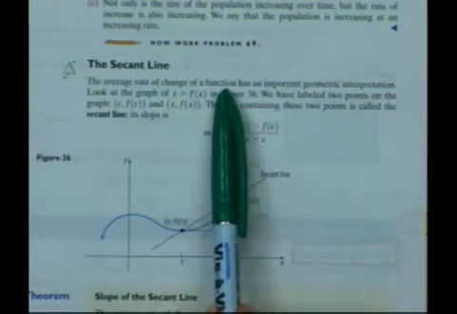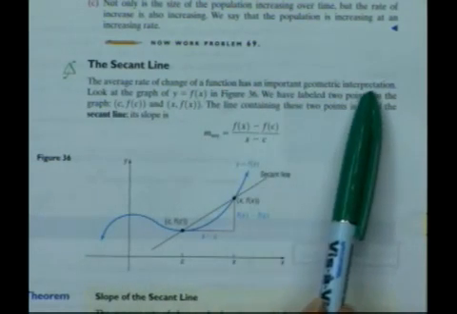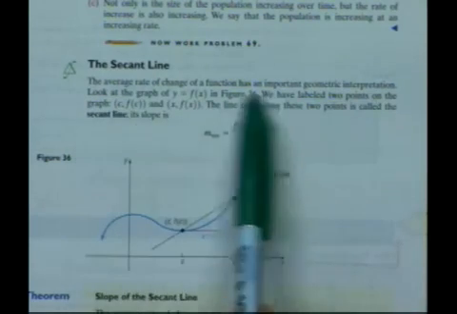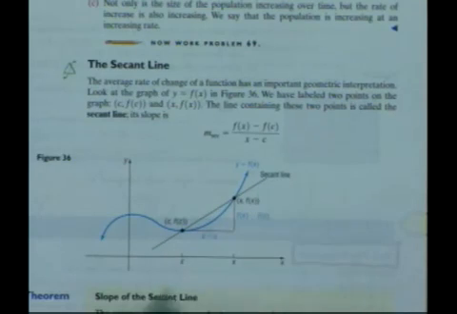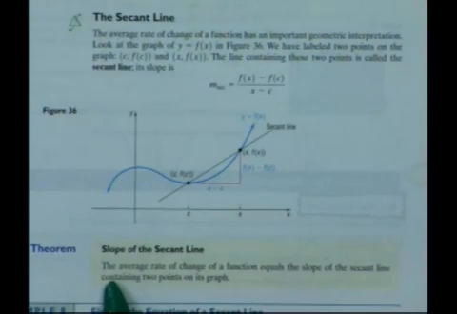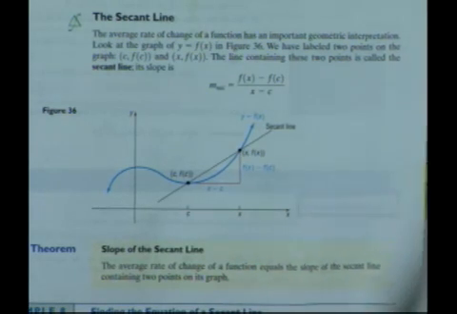The average rate of change of a function has an important geometric interpretation. We label 2 points, and this is the slope of the secant line. So the theorem is the average rate of change of a function equals the slope of the secant line containing the 2 points. I just jumped right to the calculus related. Okay? All right, let's work a couple examples directly from the exercises.